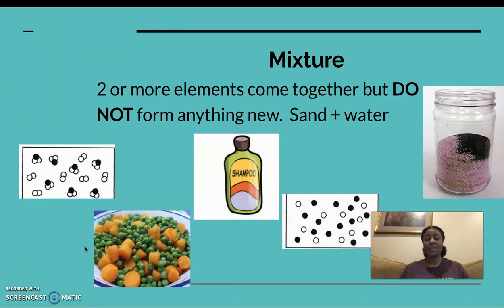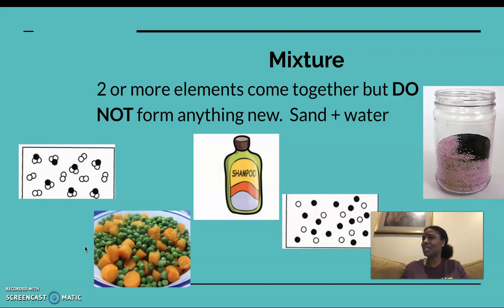So now we're going to talk about mixtures. Mixtures are when two or more elements come together, but they do not form anything new. So this is more of a physical change. Nothing new is formed. So if I took a cup of water and I put some rocks in there and I mixed it up, I have a mixture of rocks and water, but it didn't form anything new.